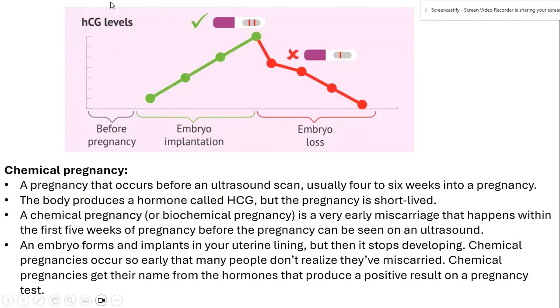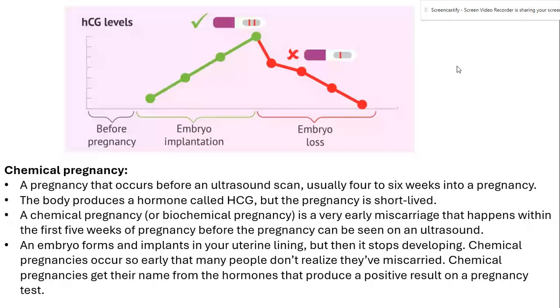Before pregnancy, that's HCG levels. Embryo implantation, okay, and embryo loss. Chemical pregnancy, a pregnancy that occurs before an ultrasound scan, usually 4 to 6 weeks into a pregnancy. The body produces a hormone called HCG, but the pregnancy is short-lived.